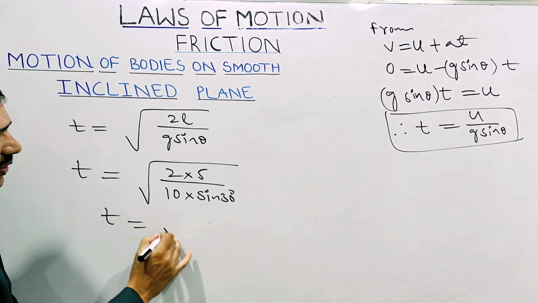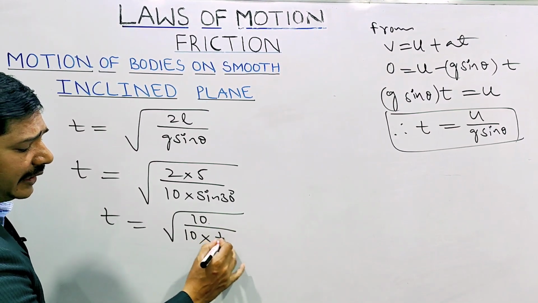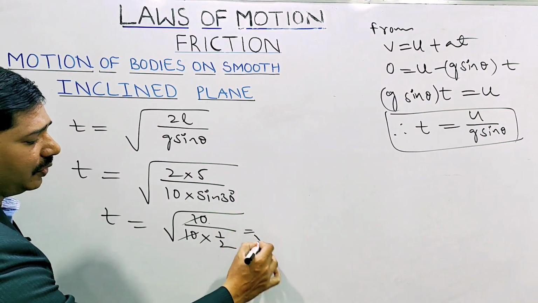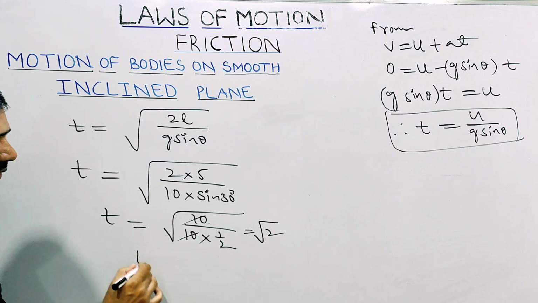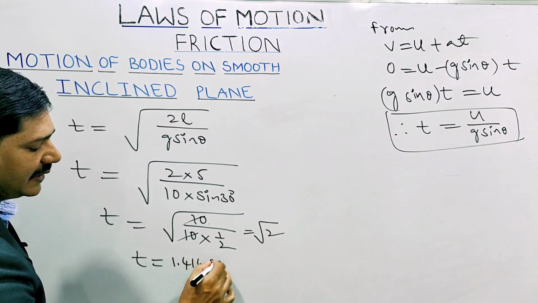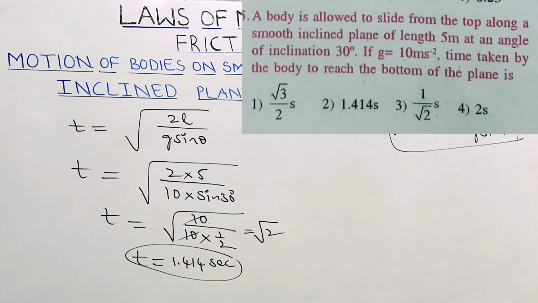So t equals 2 fives are 10, over 10 sin 30, and sin 30 is 1 by 2. The 10 cancels, the 2 goes to the numerator, so t equals root 2, which is 1.414 seconds. Which option is correct? It is very clear, the second option is correct.